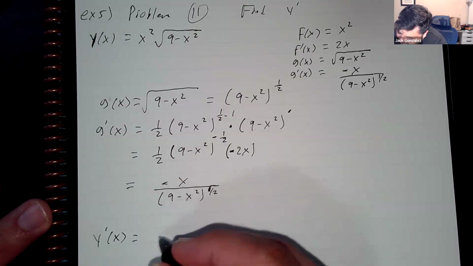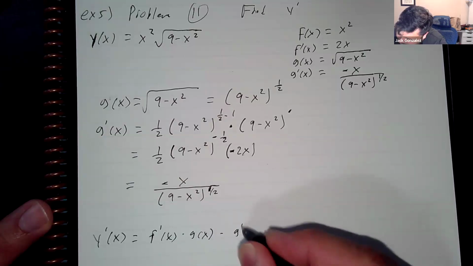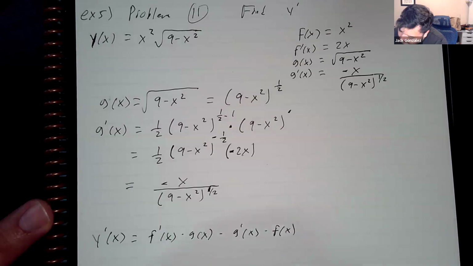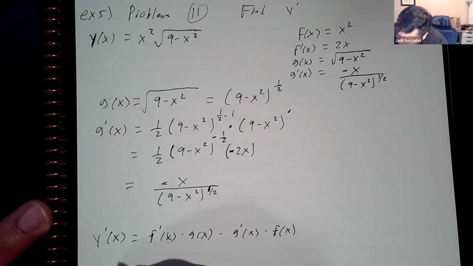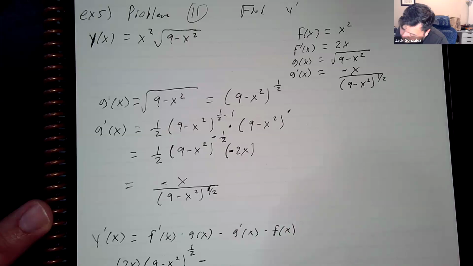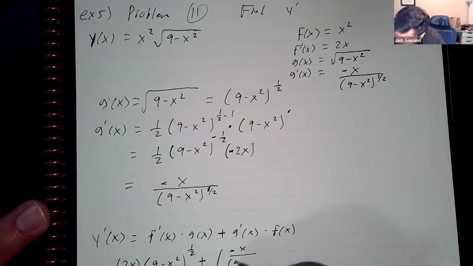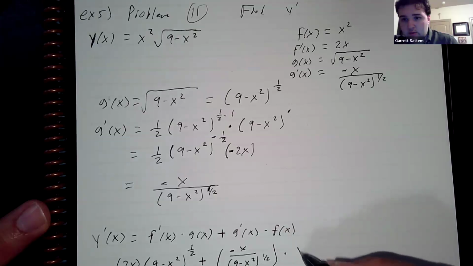So y prime is going to be f prime G times G prime F. So that will be 2x times 9 minus x squared to the 1/2. Oops. That should be a plus G prime, which is your negative x over 9 minus x squared to the 1/2 times, You screw your paper down.